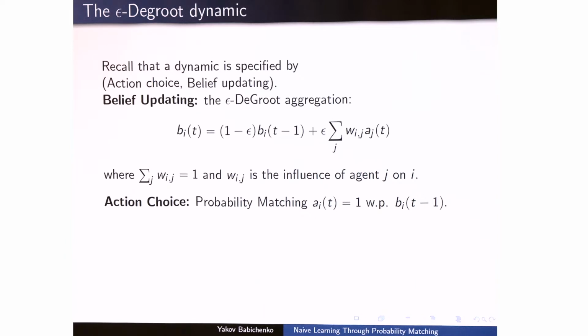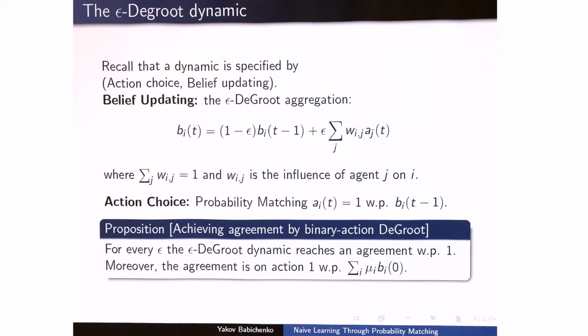Okay, and I think this is the main tool that allows us to have positive results, and in fact very positive in this context. This is the fact that players are playing mixed strategies. So if my current belief is b_i, I play action 1 with probability b_i, and with the remaining probability, I play action 0.